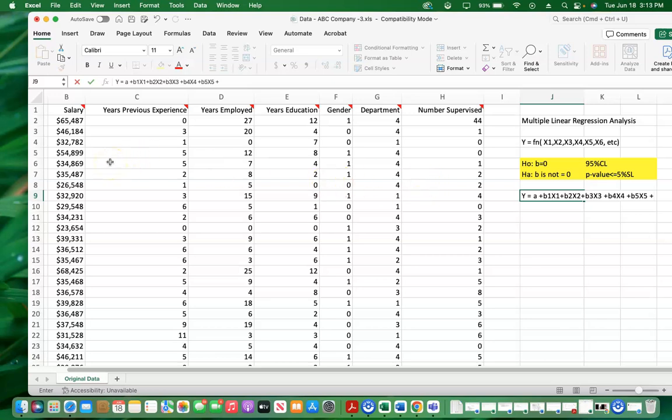That's an assumption. And so in this case, we're going to have b6x6. Still, we will need to include the error term. So we're going to add the error term.